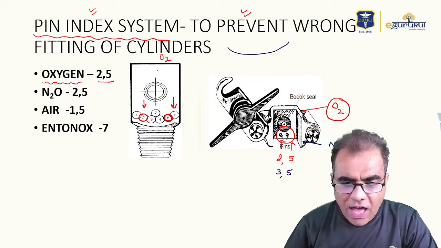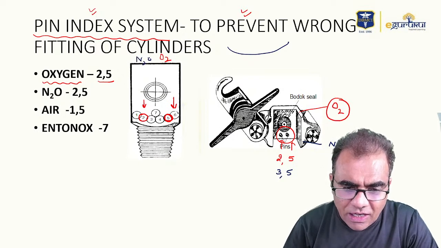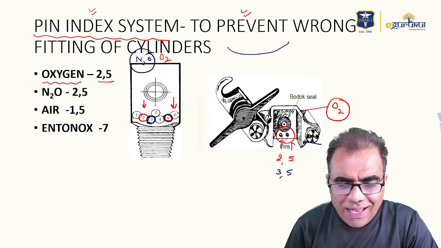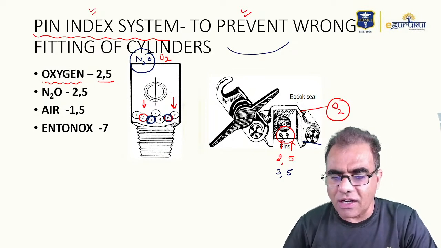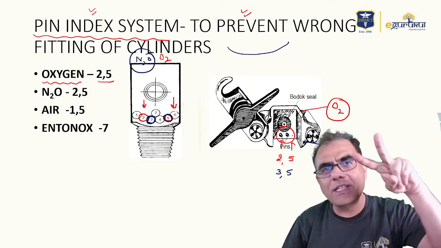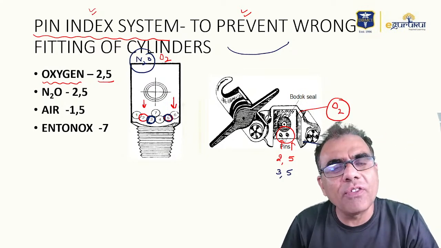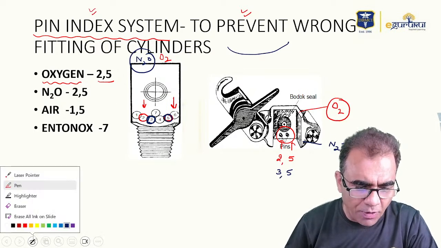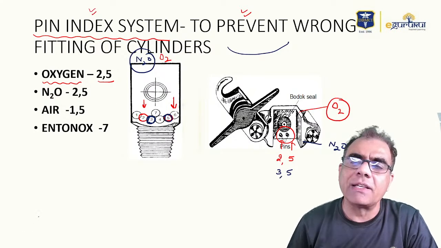And if this is a nitrous oxide cylinder, the hole position will be 3 and 5. So with the hole position of 3 and 5, can you fit nitrous oxide cylinder at the place of oxygen, which has pins at place of 2 and 5? Of course not. So therefore, pin index system is basically to prevent the wrong fitting of cylinders.